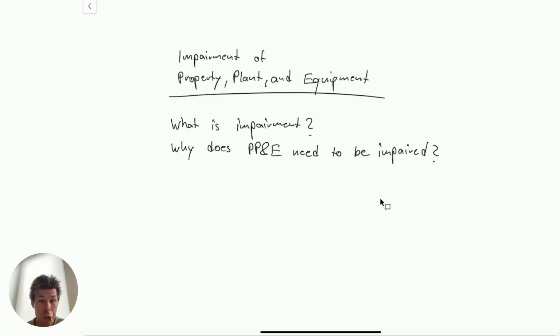Accounting standards, both IFRS and US GAAP, do not require that PP&E is to be tested annually for impairment. Usually at the end of a reporting period, a company assesses whether there are indications of asset impairment, and if there's no indication, then it doesn't need to be impaired.